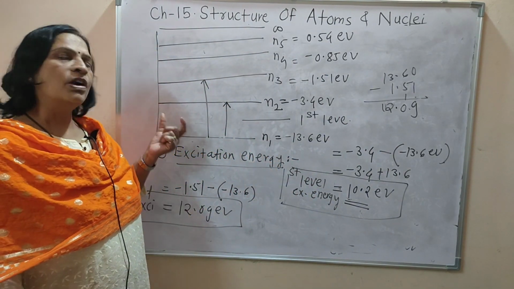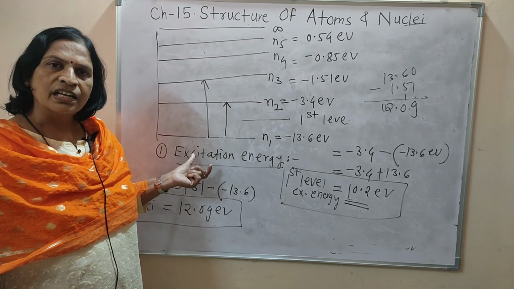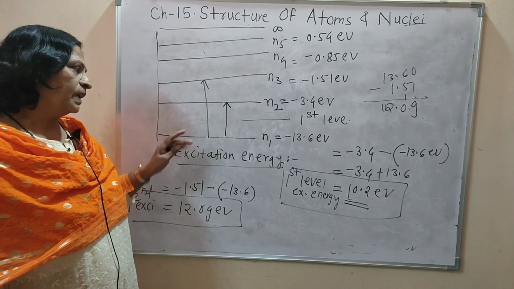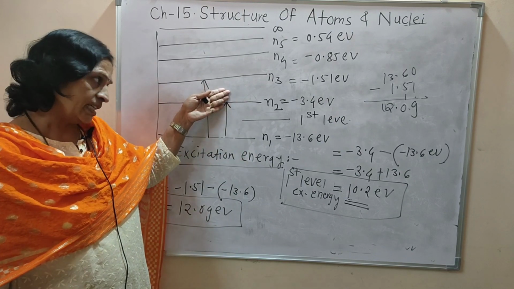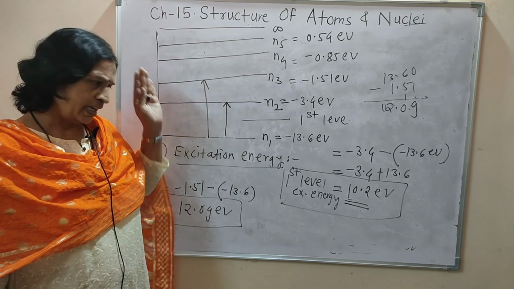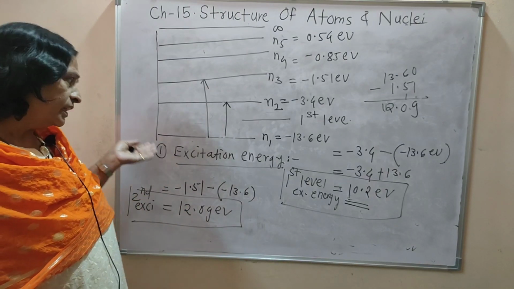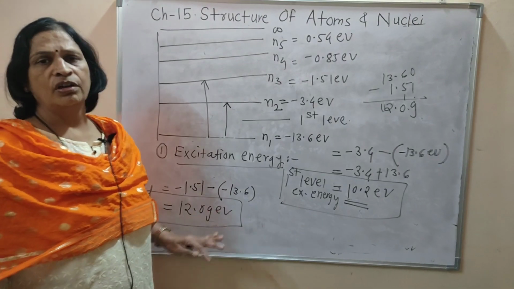And therefore, what is the definition of excitation energy? The excitation energy is the energy required to transfer the electron from the ground state to the first excited state, or from the ground state to an excited state.